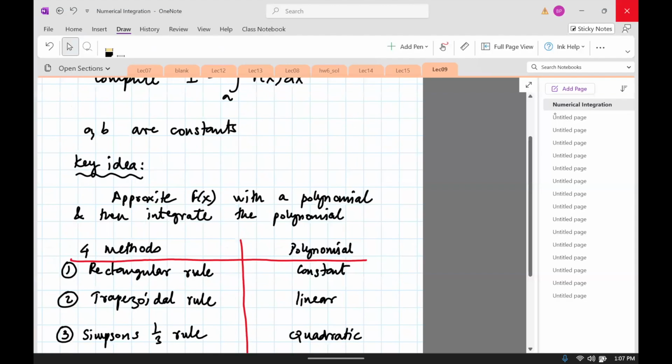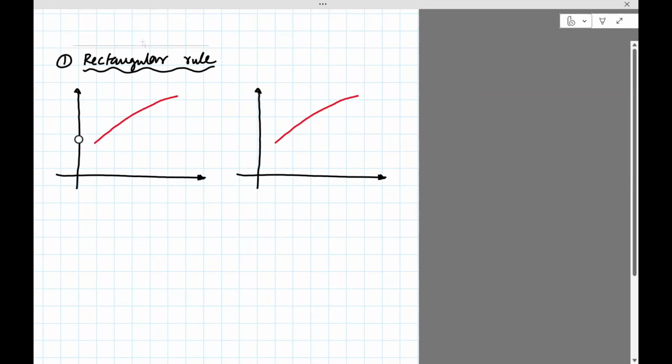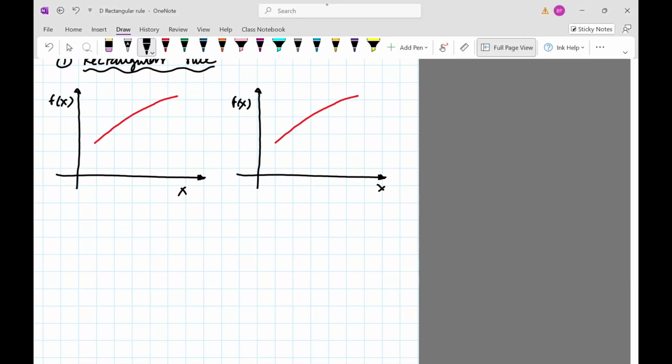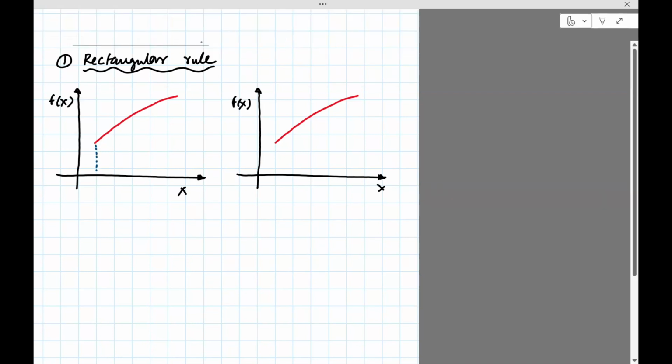So the first one is the rectangular rule. What I have here is x, and on the y-axis is f of x. When I'm trying to compute the integral, let's say the limits are a and b, it's essentially the area under this curve.